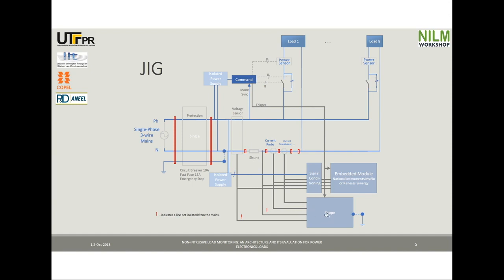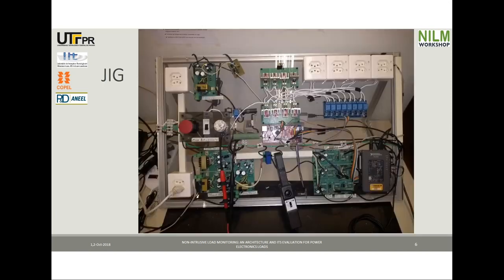We connected a scope with a current probe so that we can validate all the measurements that we'll do with this sensing here. This is an actual picture of our jig. At the beginning, these wires were well put into a plastic, but we moved it so much that it ended like this.